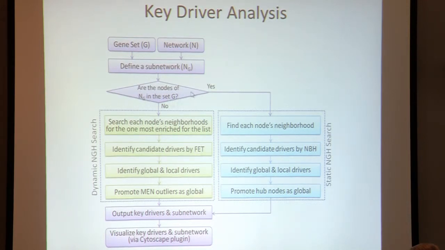So now we have two types of approaches for key driver analysis. One is the dynamic search. Basically, if the input nodes are only a subset of the network, like NG here, it means some of those genes could link to each other through many other genes outside the input gene list.